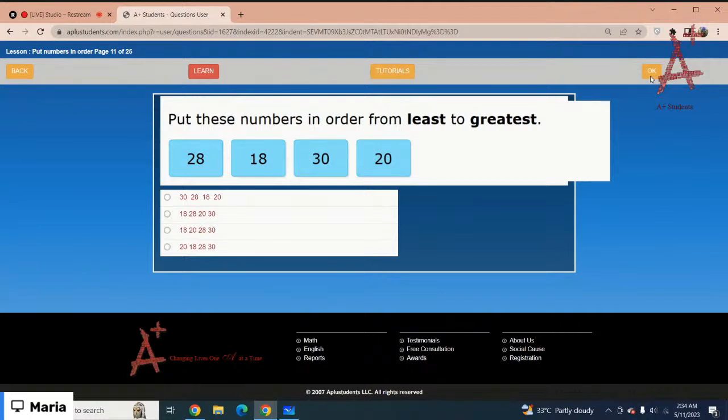Okay, put these numbers in order from least to greatest. 28, 18, 30, and 20, which is the correct option?